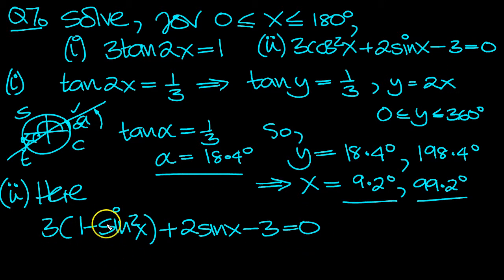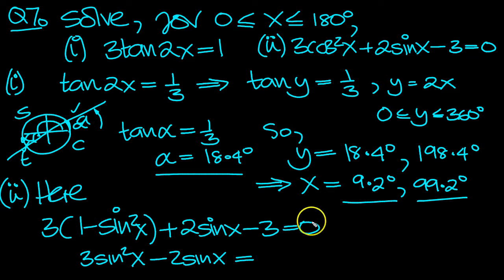So here we've got minus 3 sine squared. So I'm going to move that over here and write it down from right to left as 3 sine squared x. Then the 2 sine x, let's move that over there, and that becomes minus 2 sine x. And then we've got a 3 here, minus 3, so it's going to be 0. So there's nothing to move over then, equals, and on the other side we moved everything over here, so it will just equal 0, won't it?